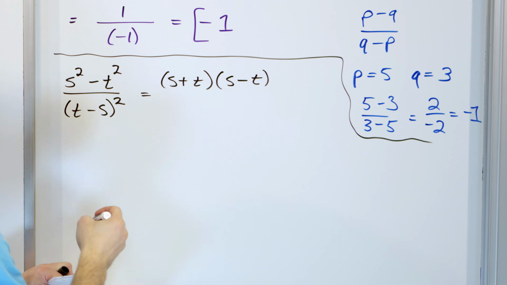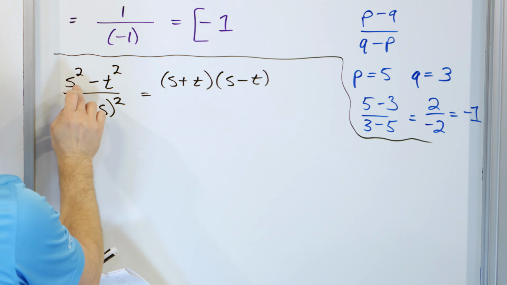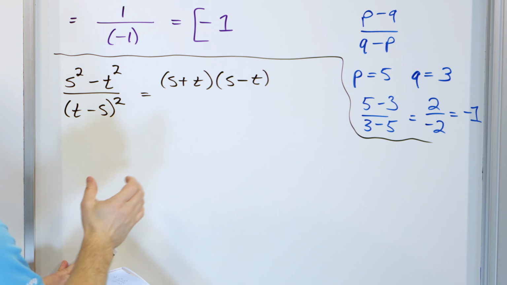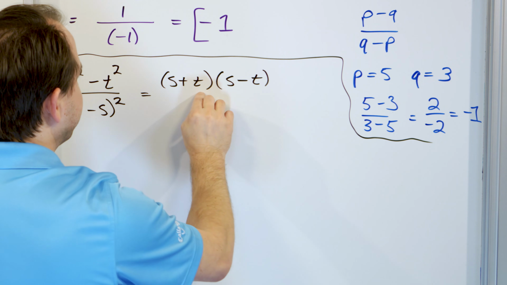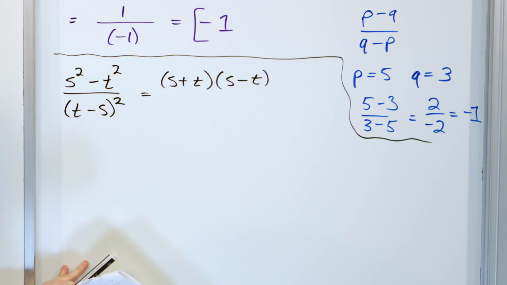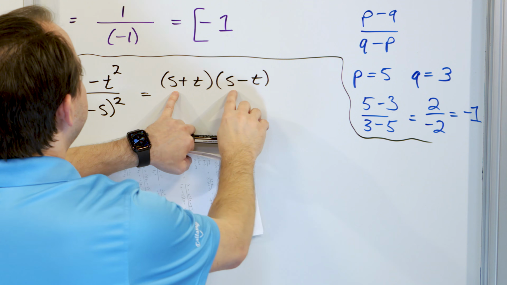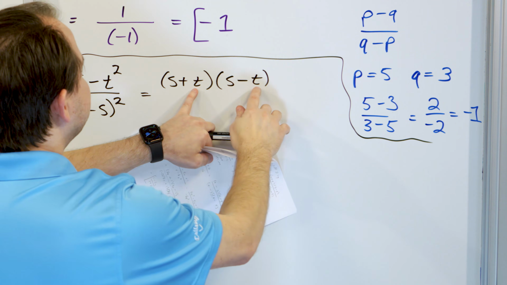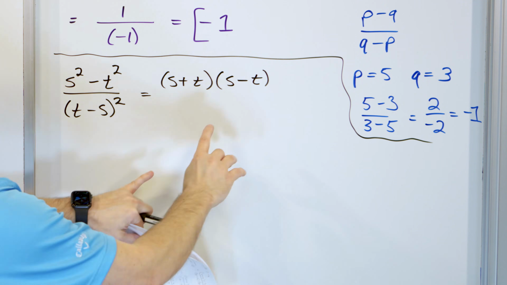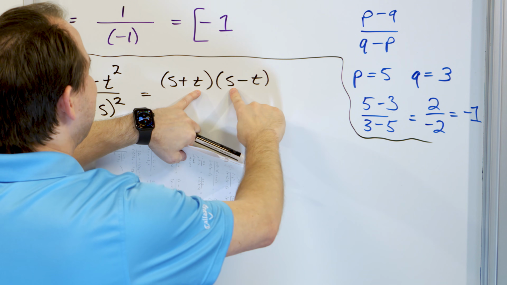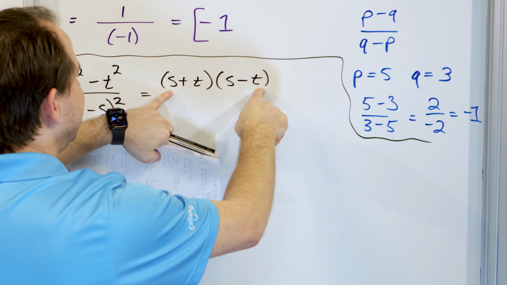This is the factored form of that. I don't have to think about it. I know that when I have two things squared with a subtraction, it can always be written as the plus and then the minus versions multiplied together. Check yourself. s times s gives me s squared. t times negative t gives me negative t squared. But in the middle, I'll have t times s, and then here I'll have negative t times s.